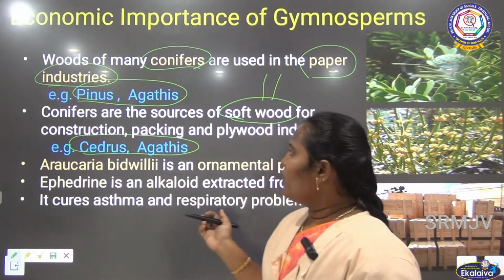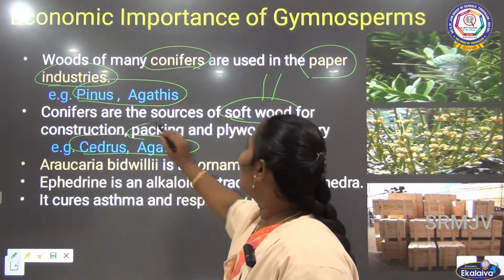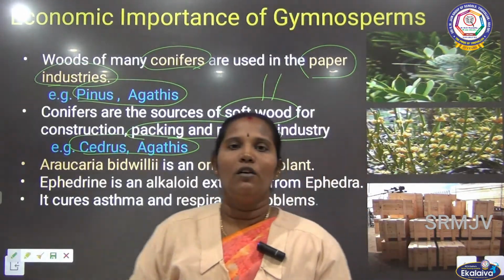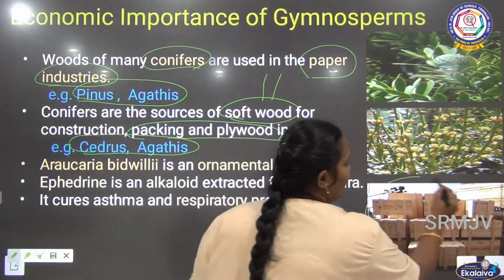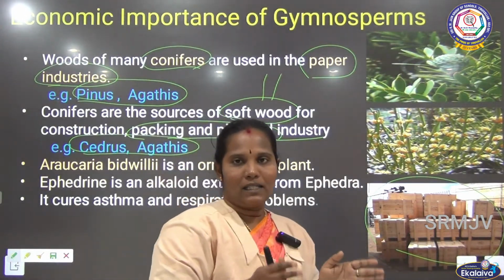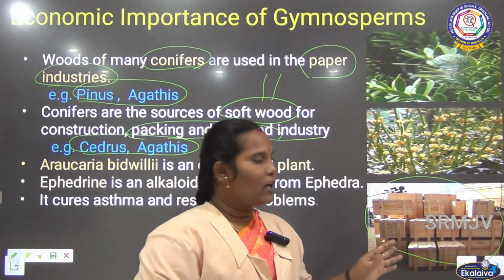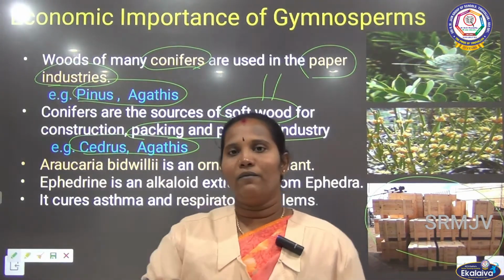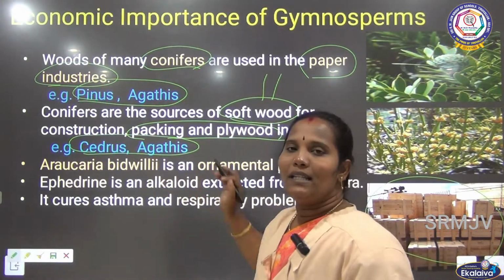Then next, it is used for packing in the plywood industry. We know we use plywood for many purposes. For packing materials like boxes, these boxes are made from this Citrus and Agathis tree.